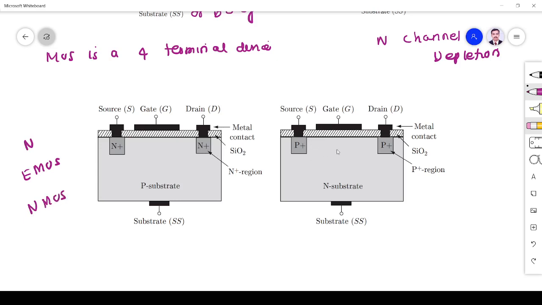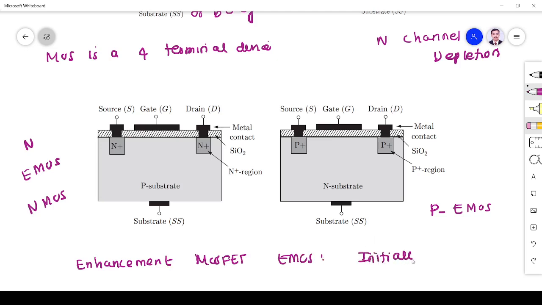Here there is no channel, so surely initially no channel, so it is enhancement EMOS, and the source and drain are P-type, so we can say P channel enhancement MOSFET. So in enhancement MOSFET, we must know enhancement MOSFET are simply EMOS, initially no channel. That is a very important point.